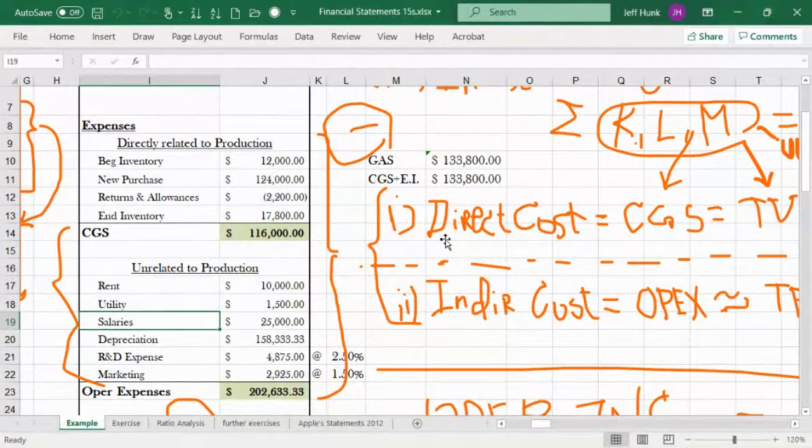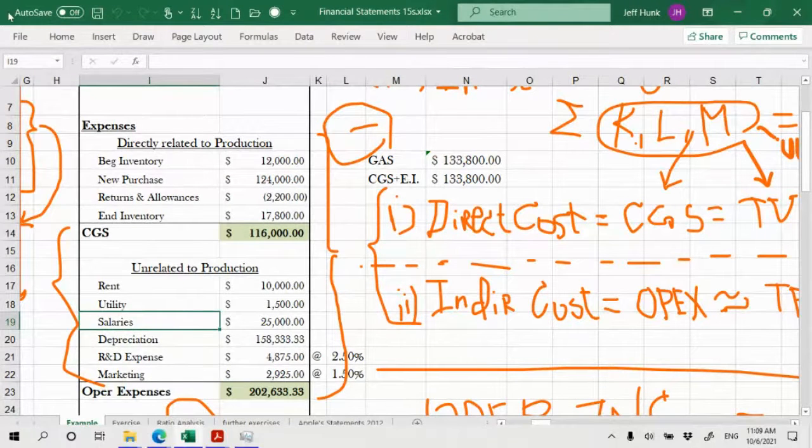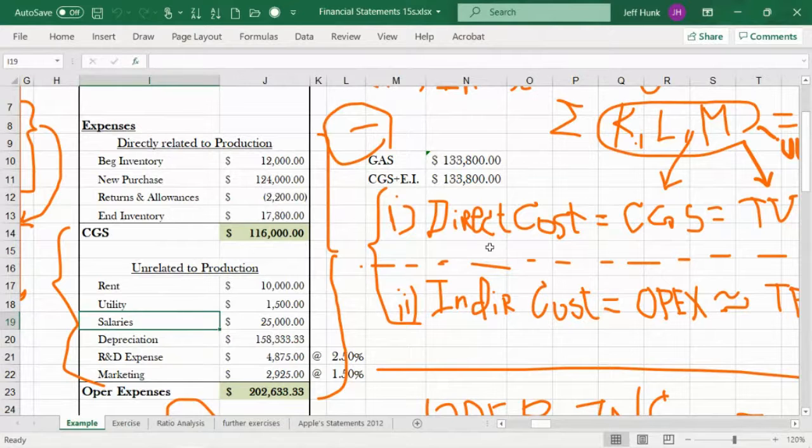Some businesses have huge indirect costs, and that would be really a headache, because indirect cost doesn't directly contribute to the revenue.